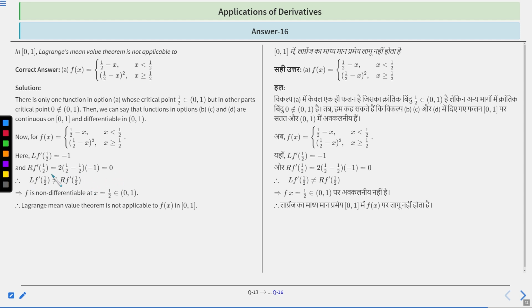Therefore the left hand derivative is not equal to the right hand derivative, so f is non-differentiable at x = 1/2, which belongs to (0, 1).